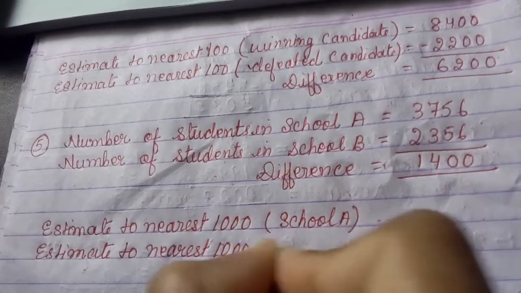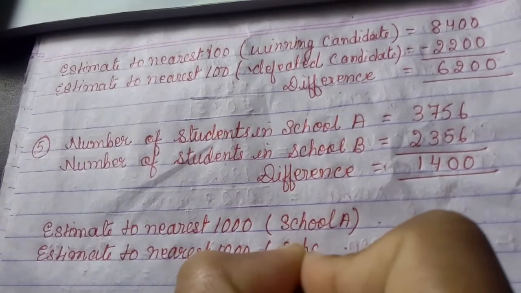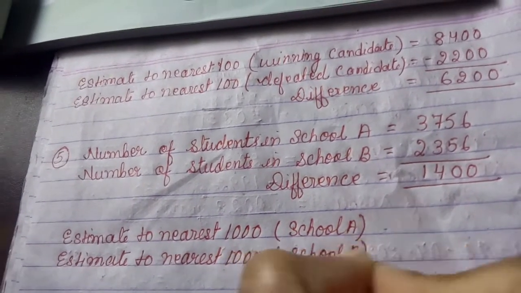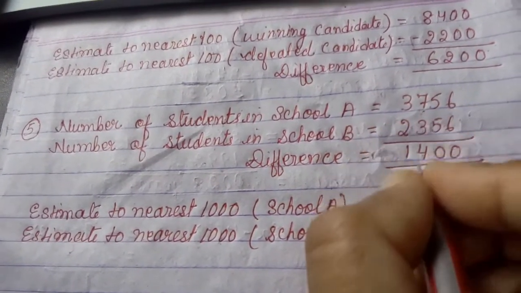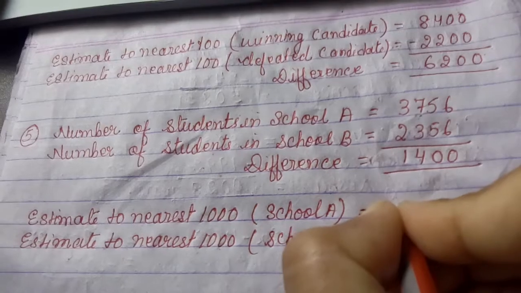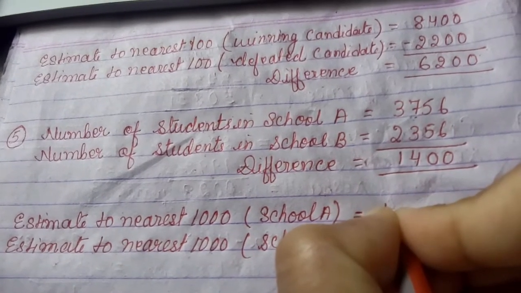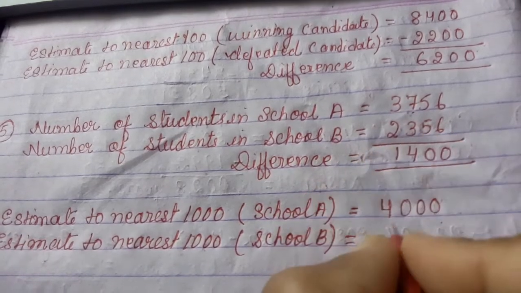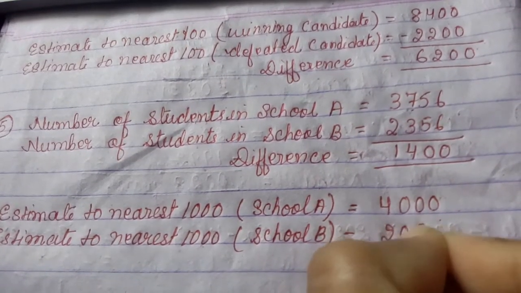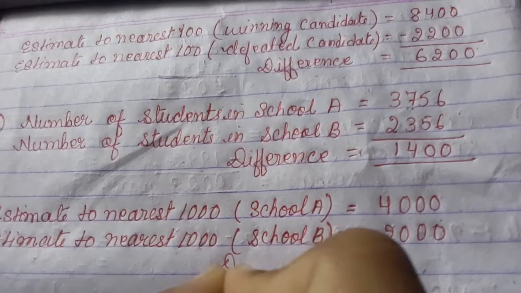School A, school B. So here we can see that 7 is there, so we will increase the number which is at 1000 place, and here 3 is there, so no need to. Now difference.